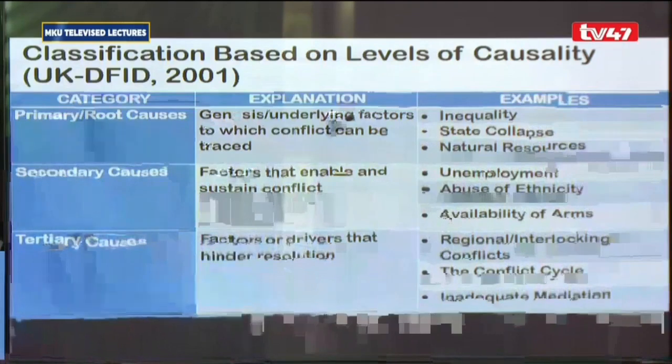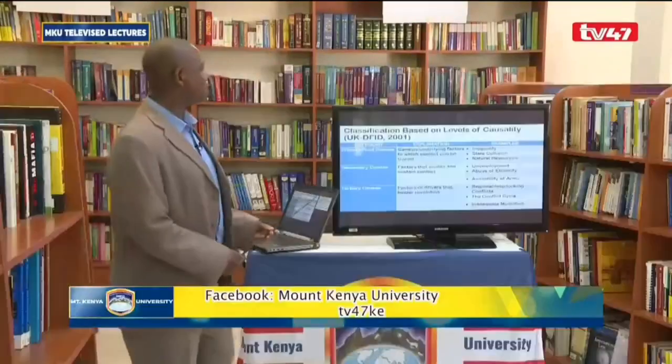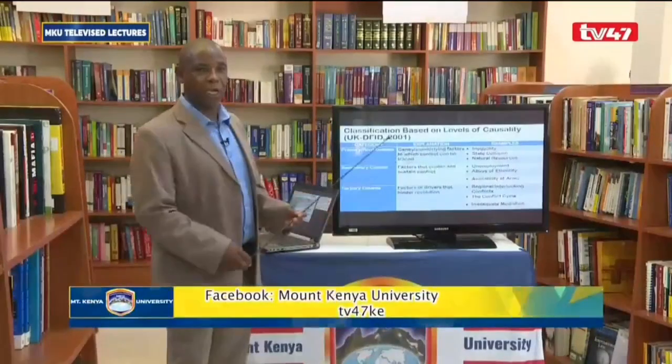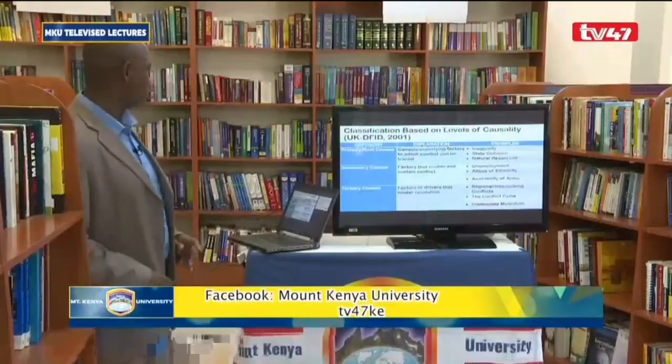Secondary causes are those causes that enable and sustain a conflict. They are not necessarily underlying, but when a conflict arises, these factors will sustain that conflict. Examples of those are unemployment, abuse of ethnicity, and availability of arms, and again we'll be reviewing that.